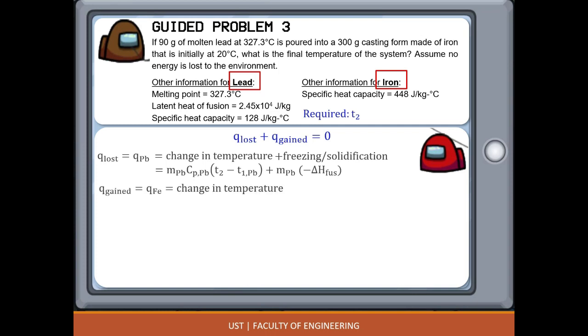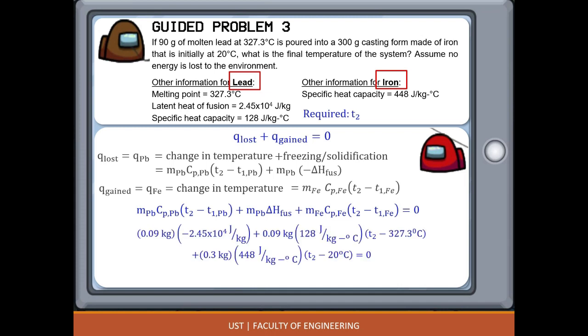Then, the heat gained by iron is only due to the change in temperature. So, it is equal to mass of iron times specific heat of iron times the difference of T2 and the initial temperature of iron. Then, substituting Q lost and Q gained to the first equation will give us this equation with T2 as the unknown.